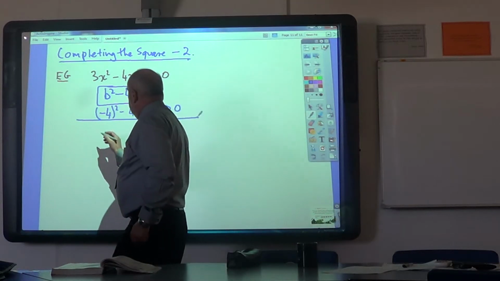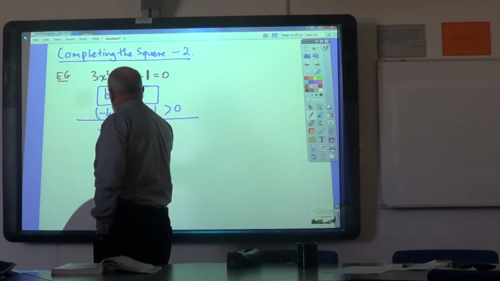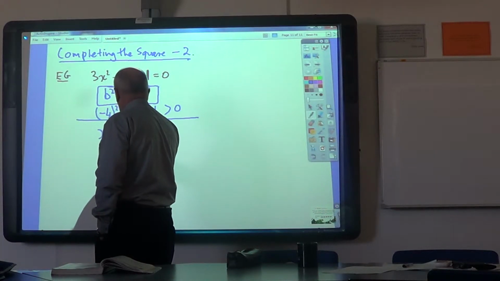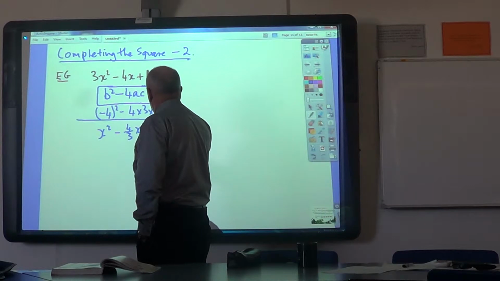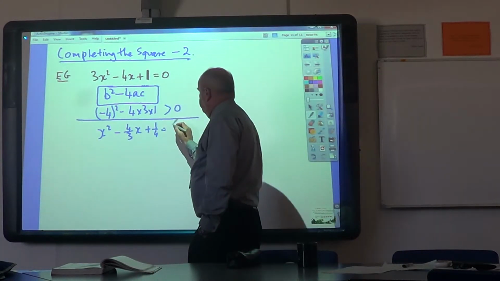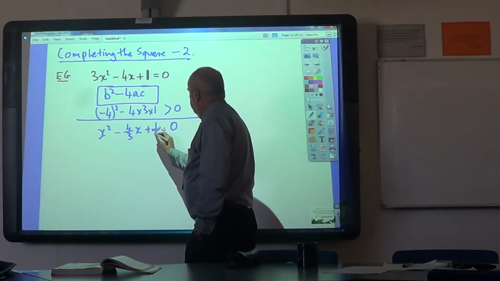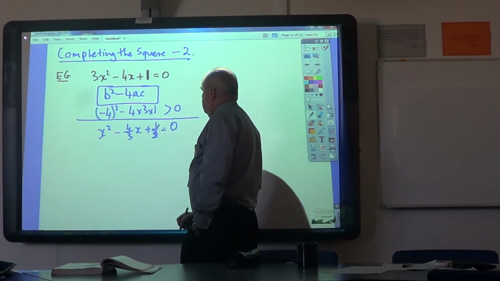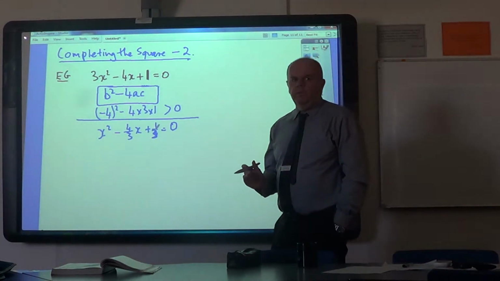So doing that, our equation is now x squared minus 4 on 3x plus a quarter, and of course 0 divided by anything is 0. A third. I'm dividing through by 3. But from here on in, it's the same technique we employ.